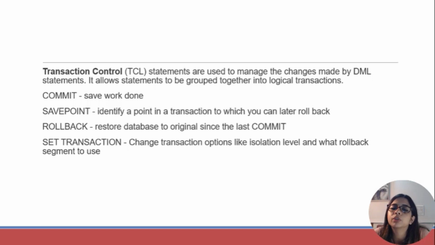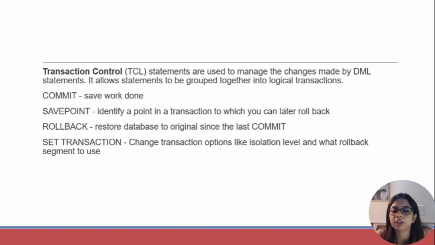Transaction control language has statements like commit. Commit means you're saving some work in the database. Up till a particular point, if you're not using commit, it is not getting saved. So you have to commit if you want to save up till a particular statement. Savepoint marks a point in the statements up to where you want to roll back.